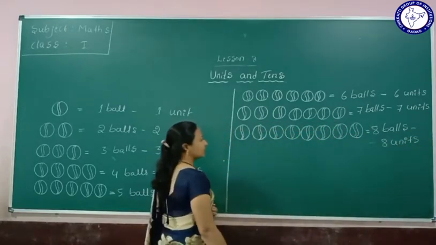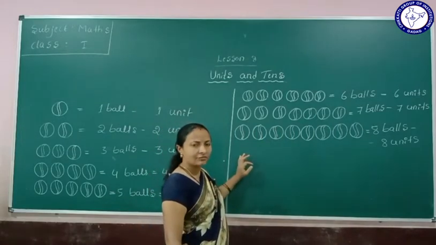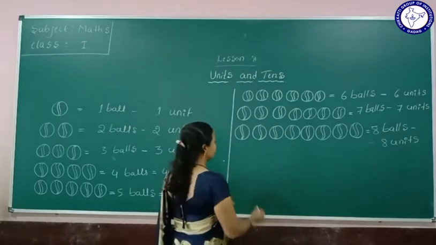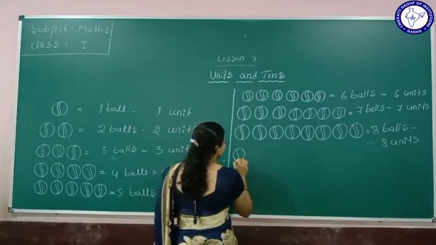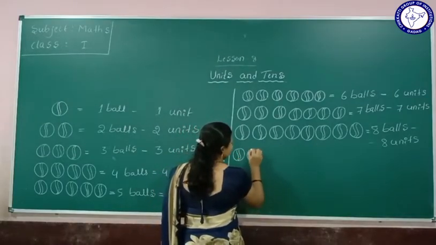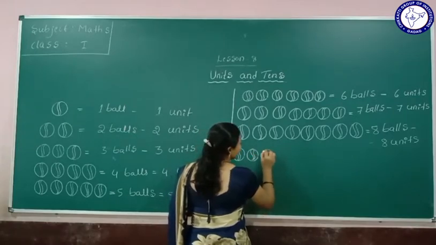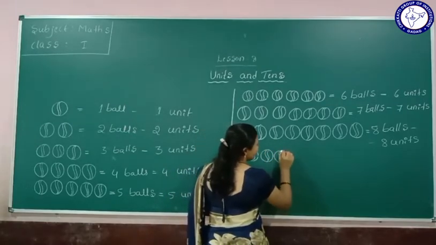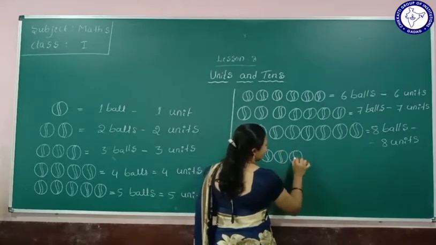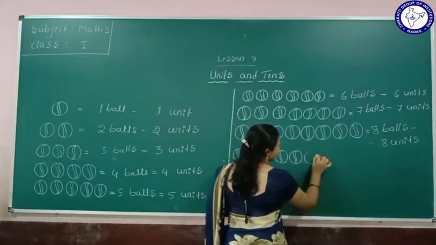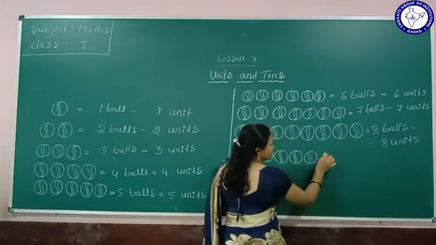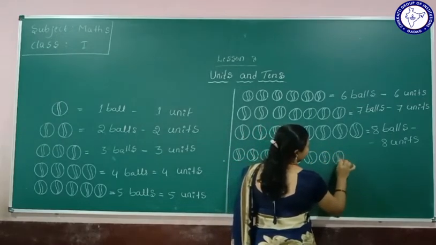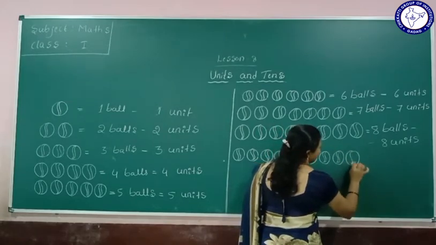Next one, the continuation of the next number. After 8, which number comes? After 8, 9. Yes? So I'll take now 9 balls. 1, 2, 3, 4, 5, 6, 7, 8, 9.